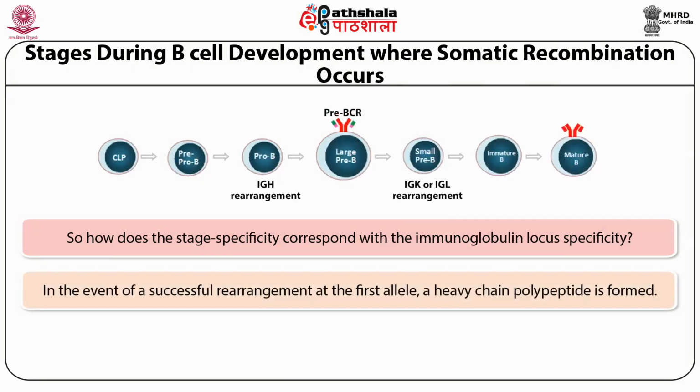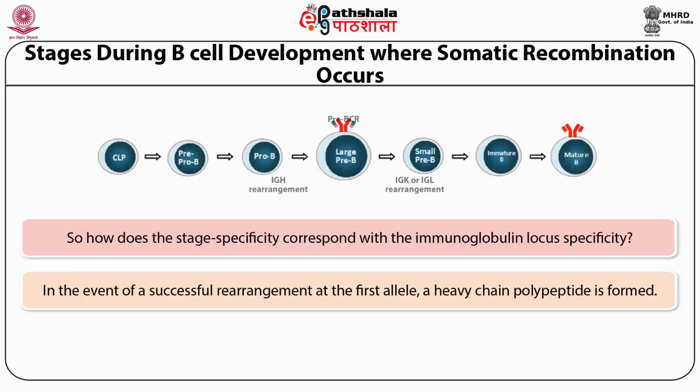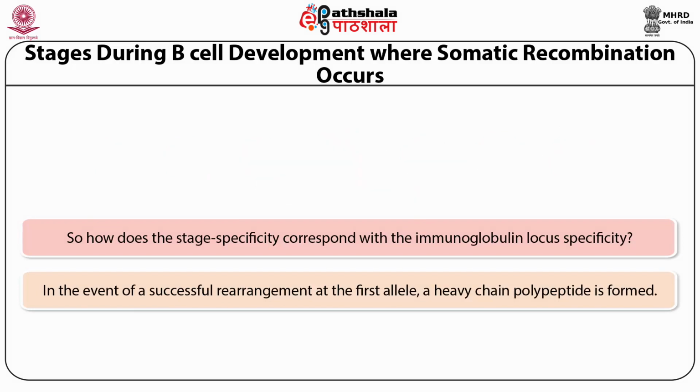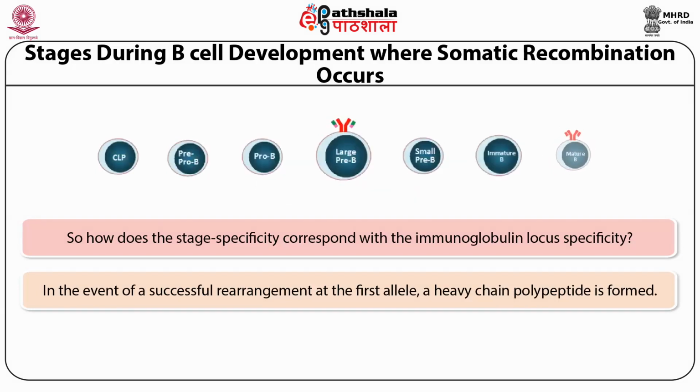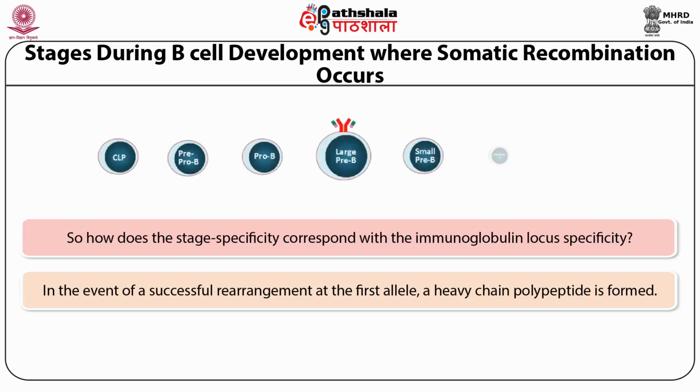In the event of a successful rearrangement at the first allele, a heavy chain polypeptide is formed. This heavy chain polypeptide combines with the surrogate light chain and is expressed on the surface of the large pre-B cell along with the immunoglobulin alpha and immunoglobulin beta heterodimer.